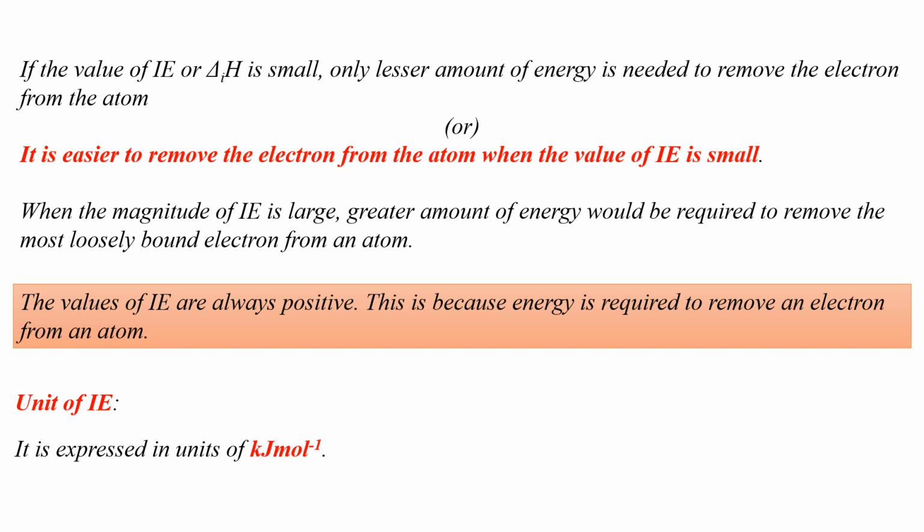When the value of ionization enthalpy is large, a greater amount of energy would be required to remove the most loosely bound electron from an atom. Clear? The values of ionization enthalpy are always positive because energy is always required to remove an electron from its atom. Now, what is the unit of ionization enthalpy? It is usually expressed in units of kilojoules per mole.